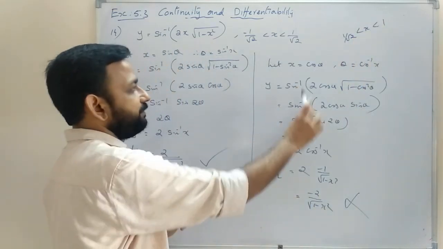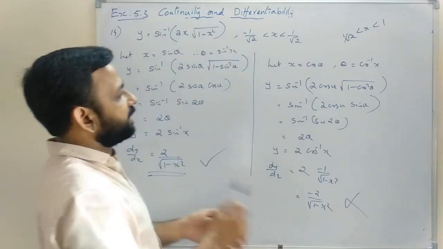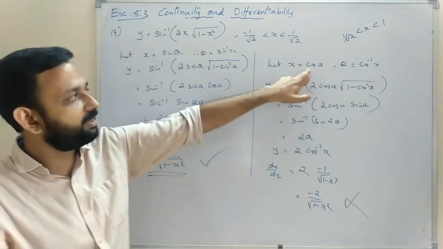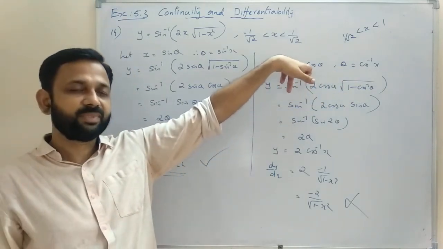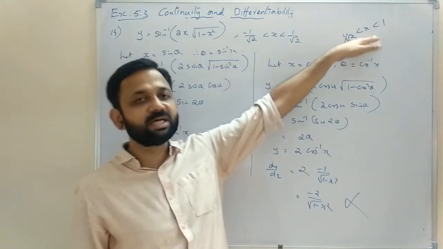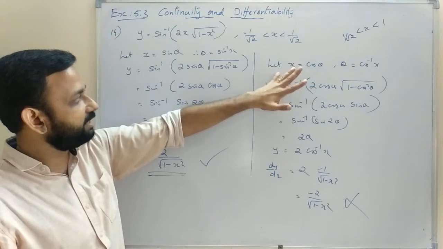In this same question, if the interval is 1 by root 2 less than x less than 1, then the substitution will be cos theta. In inverse trigonometry functions, one example is there. When you go through that example, it will be clear.